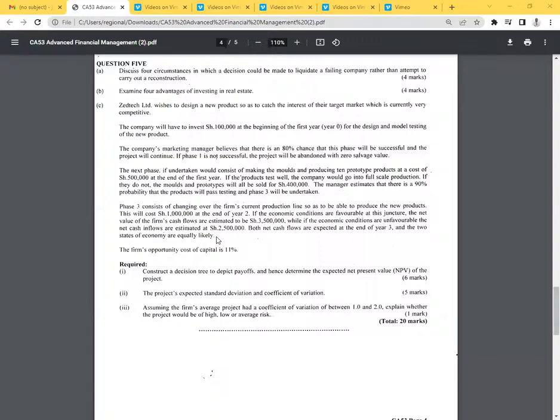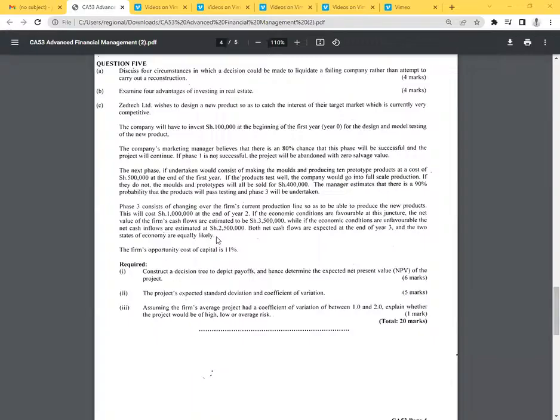If phase 1 is not successful, the project will be abandoned with a 0 salvage value. The next phase, if undertaken, would consist of making the molds and producing 10 prototype products at a cost of -500,000 at the end of the first year.